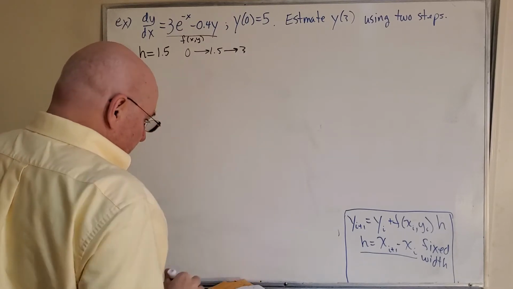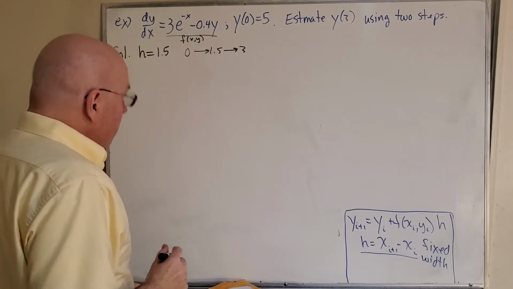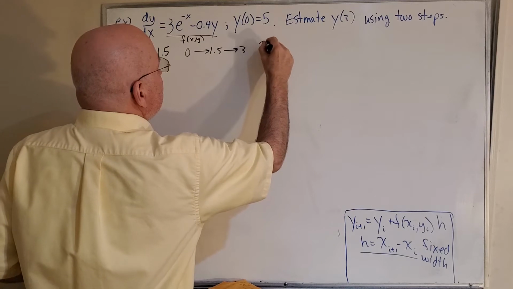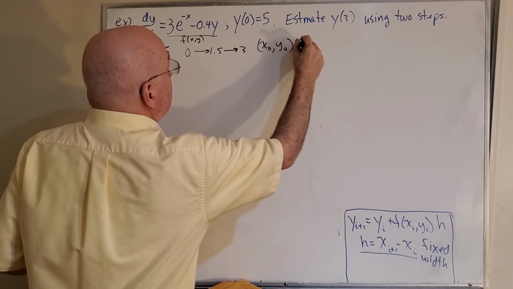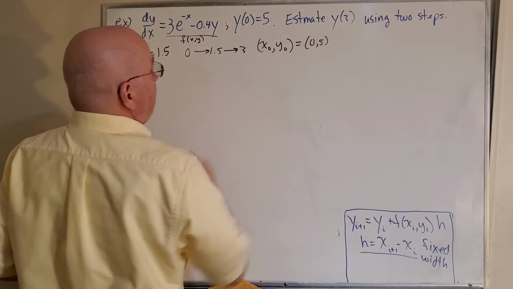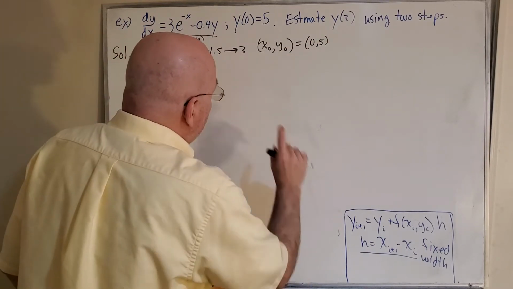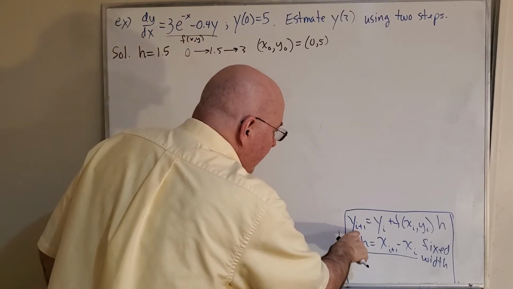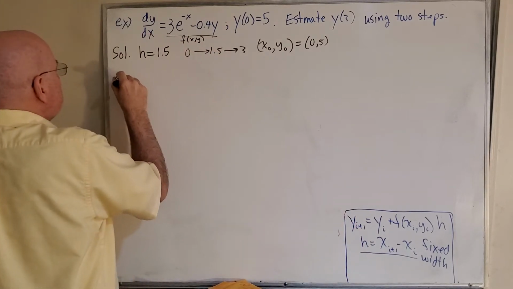Okay, I left the formula up down there. And so what I need now, I can go ahead and say that x0, y0 is known. That's equal to 0, 5. We need to know what x1 is. Well, we know what x1 is. It's going to be 1.5. y1 would be when i is equal to 0.